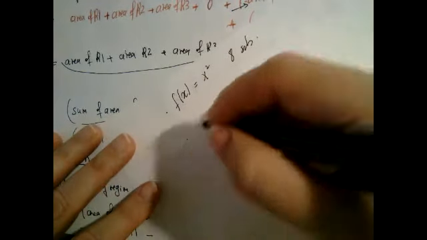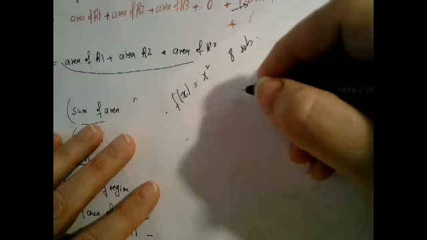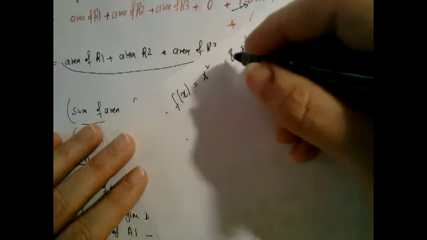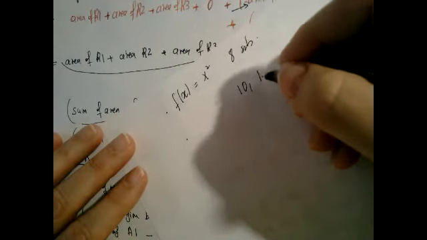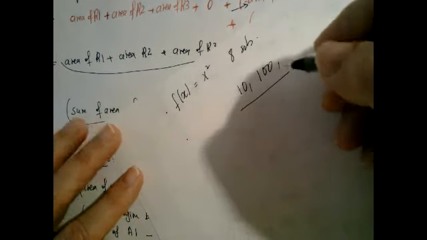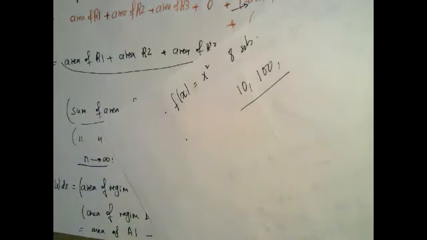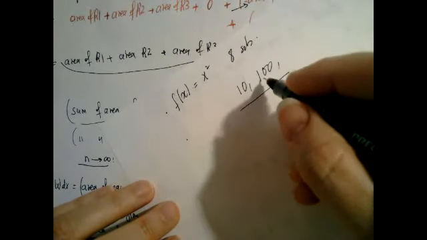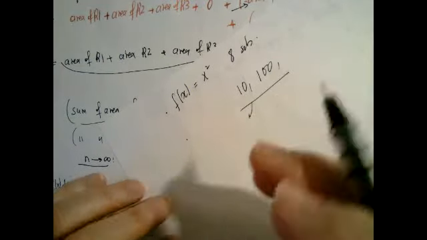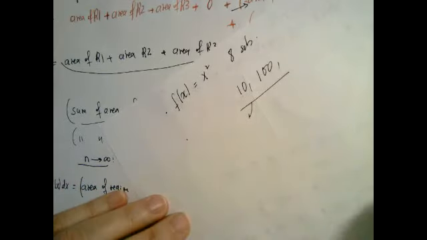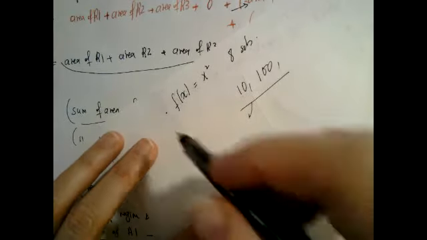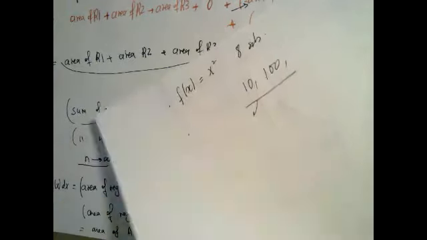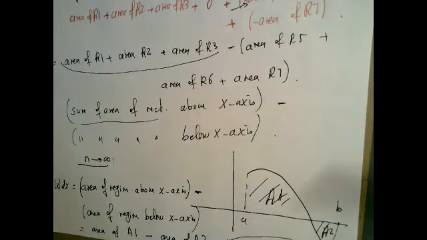Then I'm asking you to use a website to evaluate it for 100 subdivisions, because I want you to see that when you take more and more subdivisions, you get almost the same number. So you're going to have two problems where you have to compute the right Riemann sum. Any questions before I let you go?